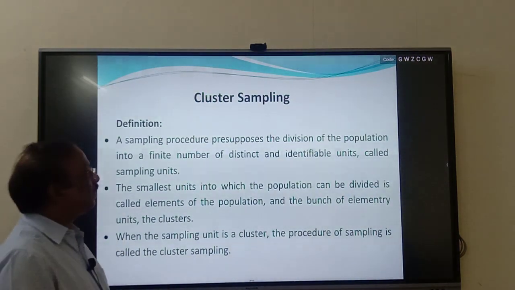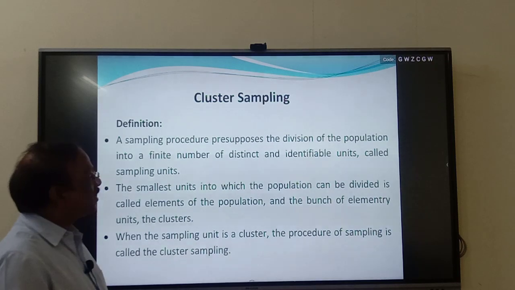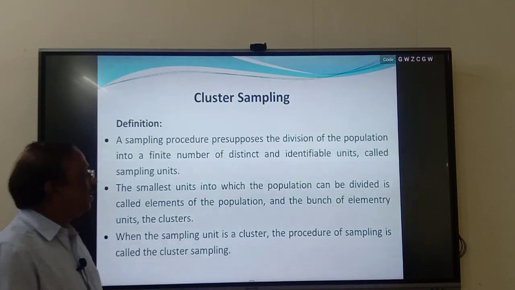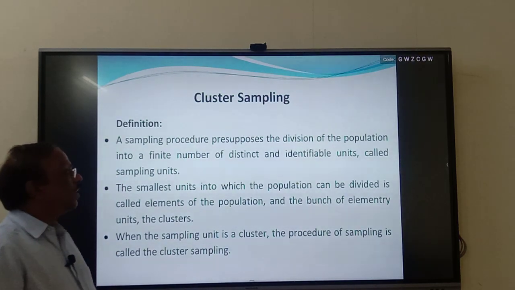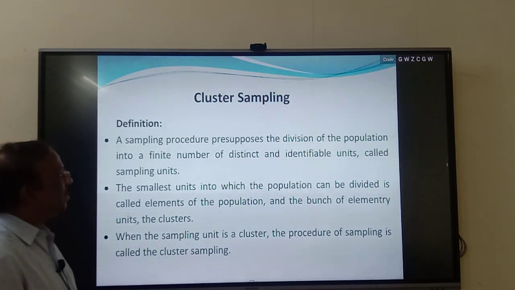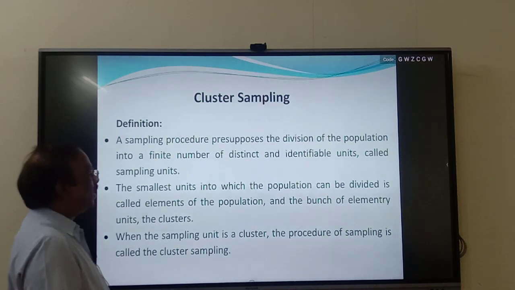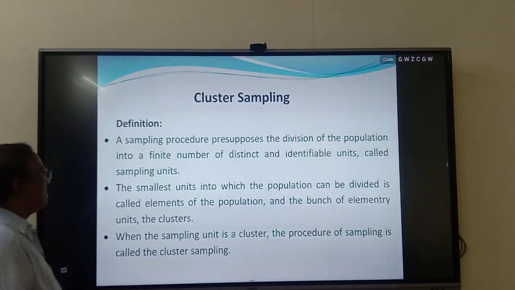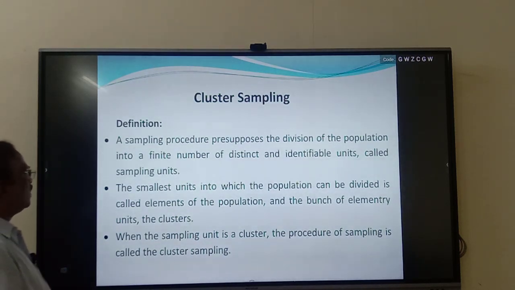For example, the list of households in a village or in a locality may be available to us, but the persons living in those houses may not be known in the listed file. So cluster sampling is used in that situation.